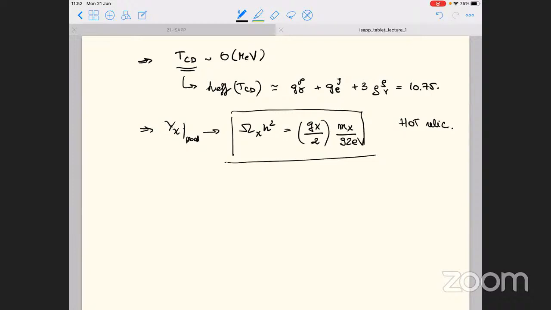The usual bound you extract from it is that in order to have omega chi h square smaller than 1, you need your masses to be smaller than 92 electron volts. Sorry, just for the record, this is the Cowsik-McClelland bound.